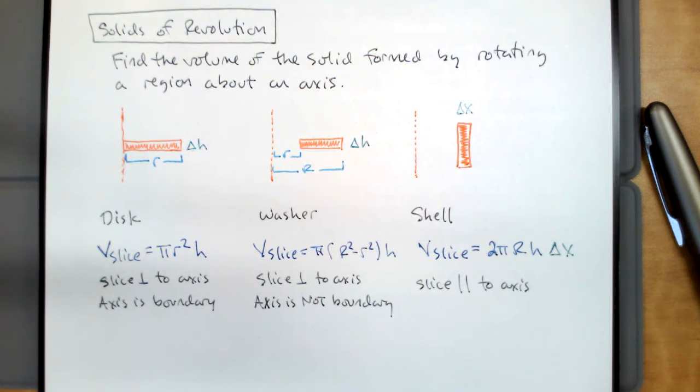So when you set up the problem, if you decide to slice parallel to the axis of rotation, that means you're thinking of shells, and you're going to need 2 pi times the radius times the height times delta x.